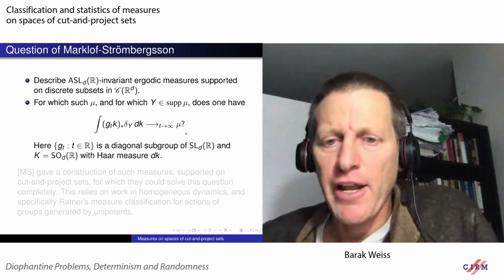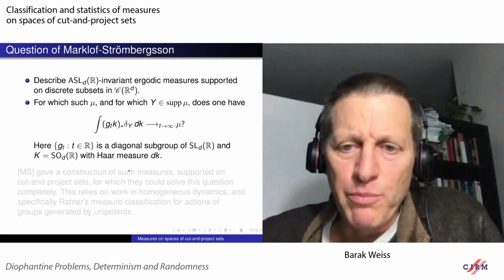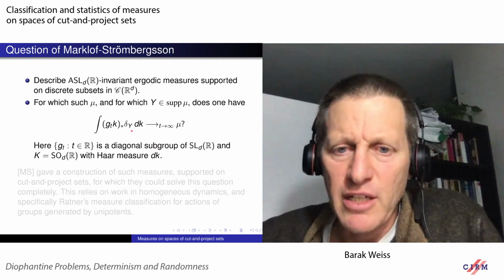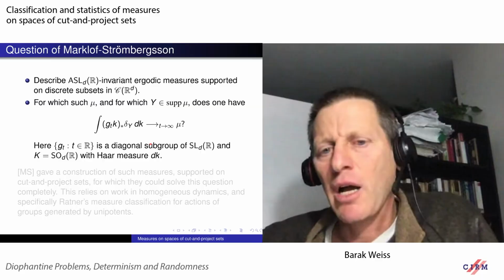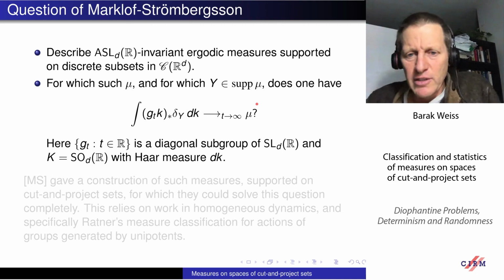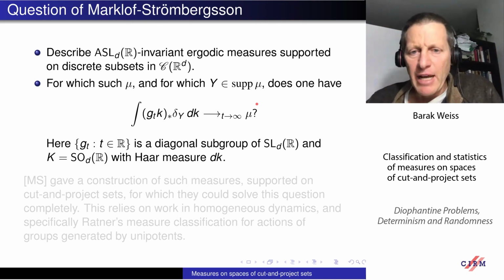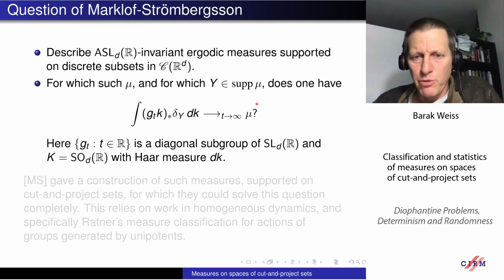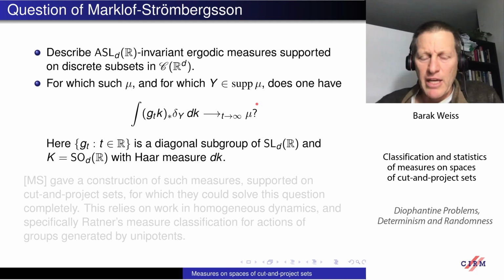It's a kind of ergodic theorem for a big group, the group ASLDR, with these kinds of averages, and we want to know whether there is such an ergodic theorem and for which specific points it holds. This is definitely a difficult and technical problem in dynamics, and it turns out to be a crucial problem for the applications in statistical physics that Marklof and Strömbergsson are interested in.